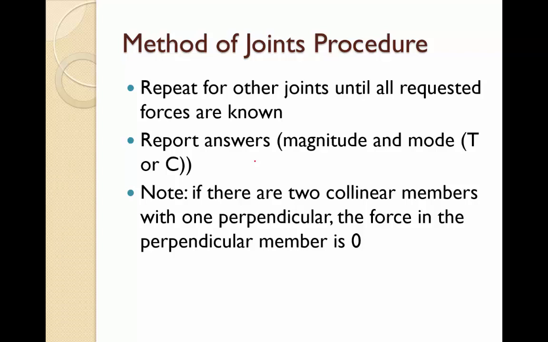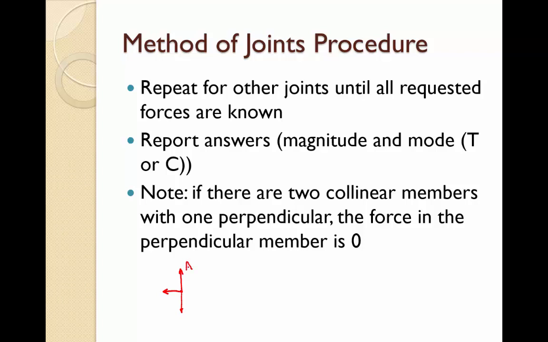As a last point, I want to mention that there are zero force members in some cases, and if you know the zero force members or if you see them, that'll make your work a lot easier. So let's just, for example, take a look at a joint. Let's suppose that there's a joint here, and let's suppose there's a force going up and a force going down. Let's also suppose that simultaneously there's a force going this way.